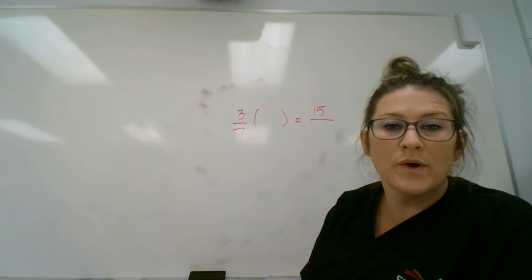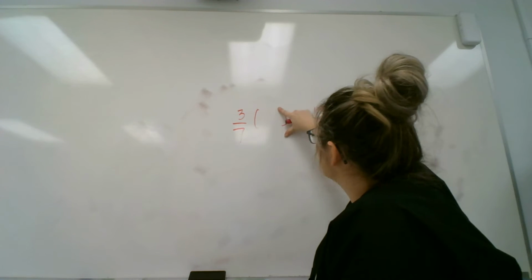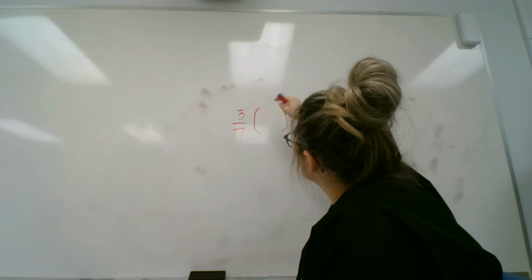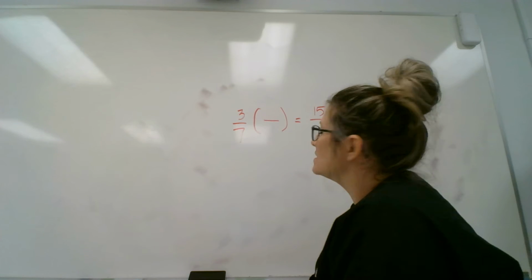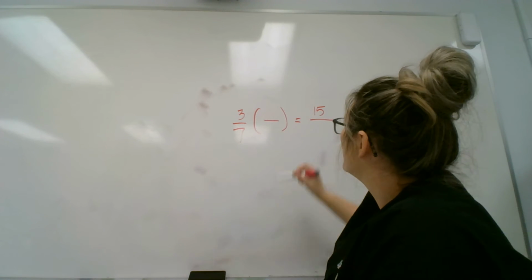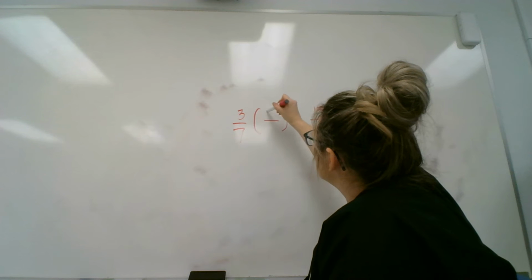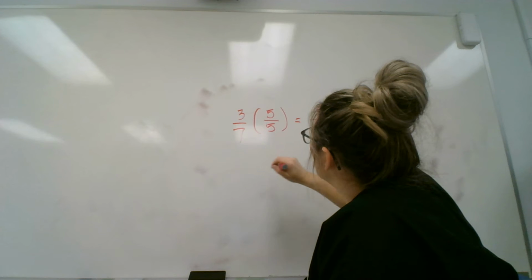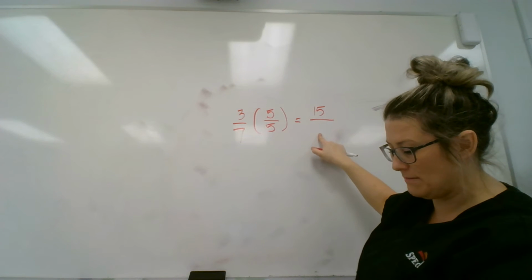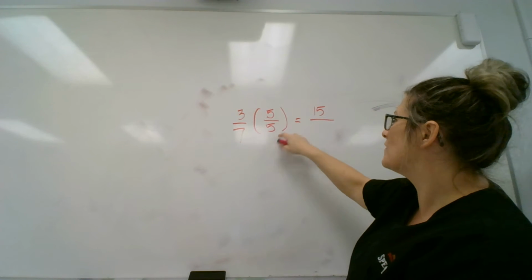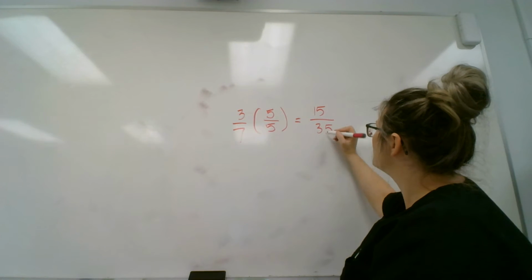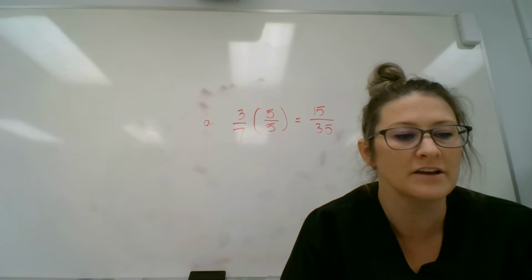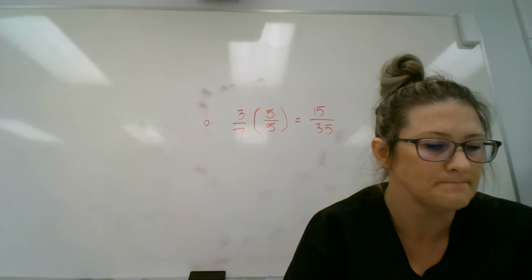Okay, so I'm going to write these in a complete equation for fractions that are equal to 1. If my fraction is equal to 1, I know that both of these numbers inside the parentheses are going to be the same. So 15 divided by 3 is 5. So 5 on the top, 5 on the bottom. Now I have to figure out the bottom part of my parentheses here. So 7 times 5 is 35.